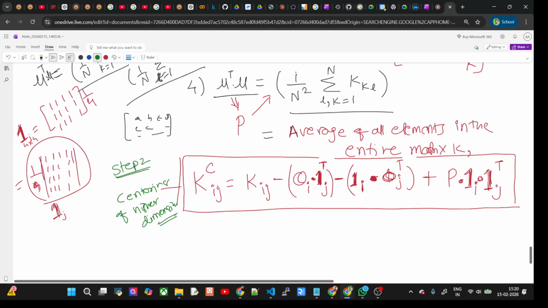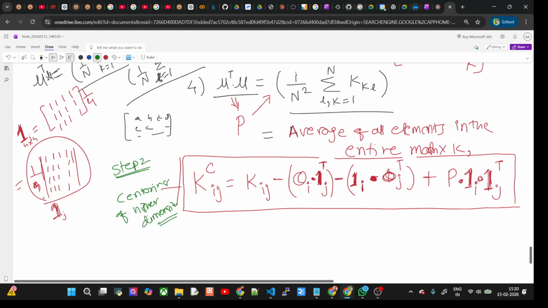So you don't know how many points you need to calculate, because there is a mean calculation. Mean means sum of all, and if it is infinite, how can you do the sum? You can't do that. So in that case you have to use this kind of trick and convert it into the kernel. The kernel is mapping to some function, and you can use that function to calculate the mean there. This is the way you can calculate the centering of the data.